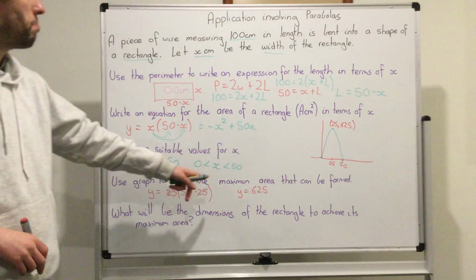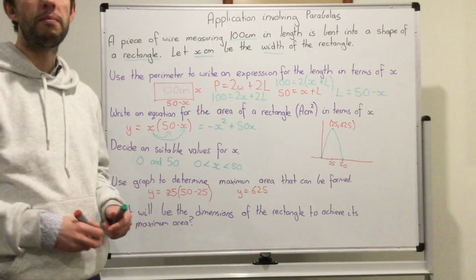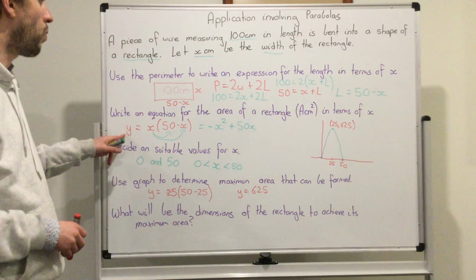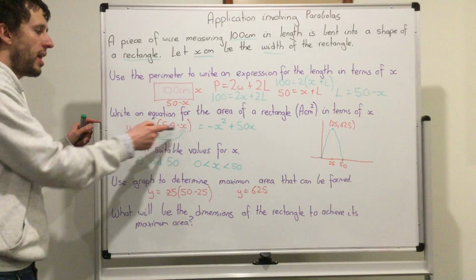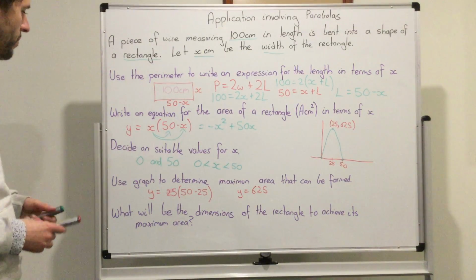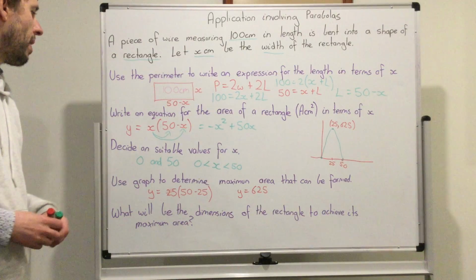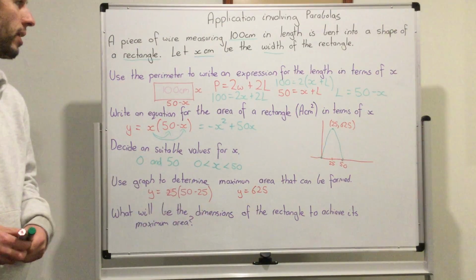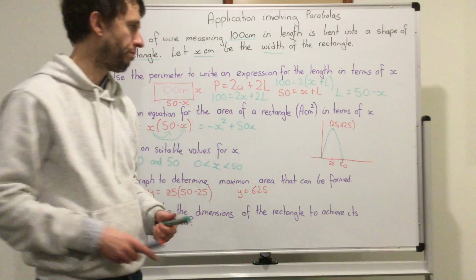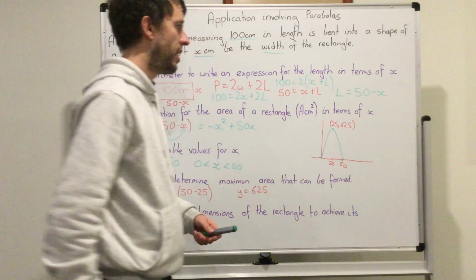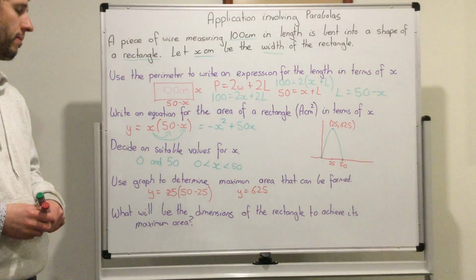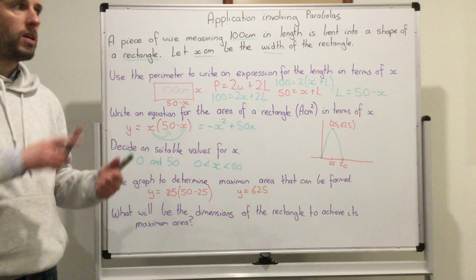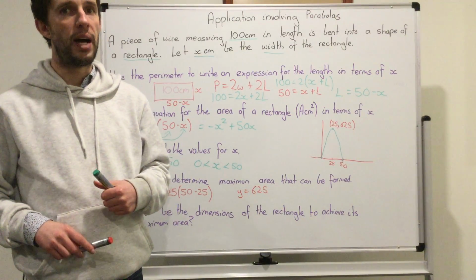So we've found the maximum area that can be formed, because we're using an equation where y will be the area. So what will be the dimensions of the rectangle to achieve its maximum area? Well, we can see here that our x is 25, so the width is 25, and 25 plus 25 is 50.